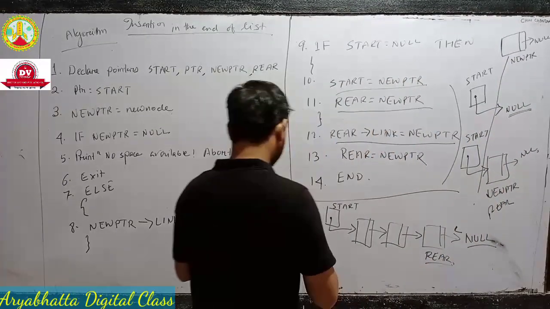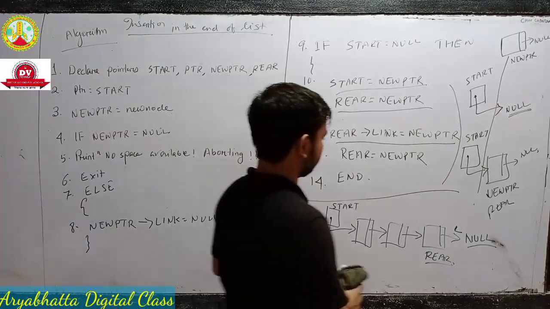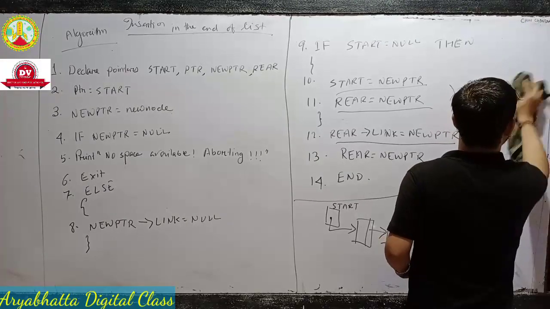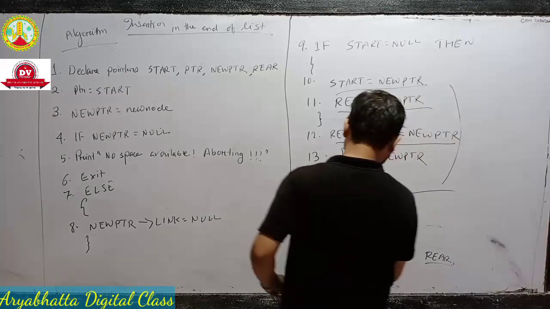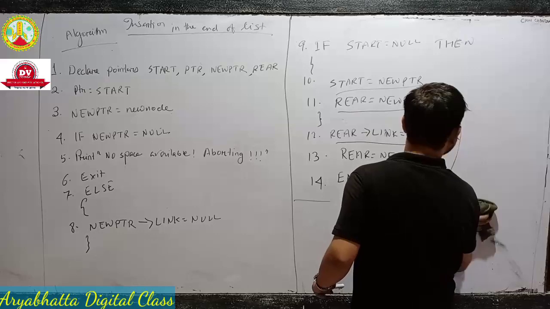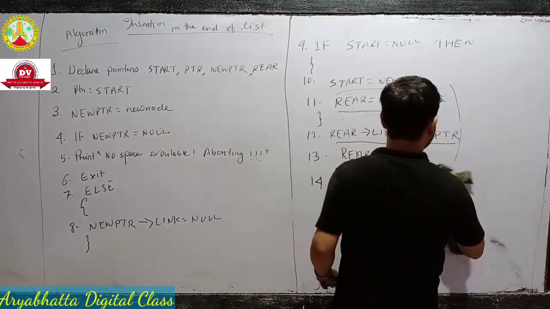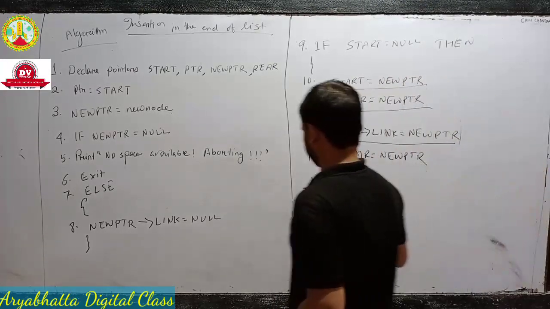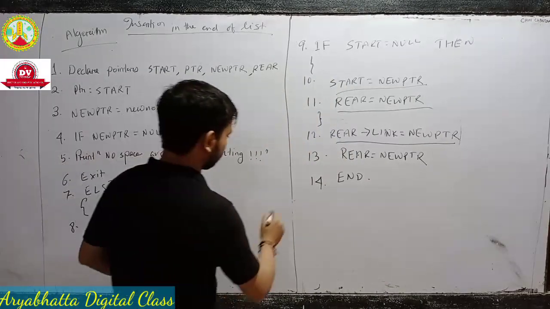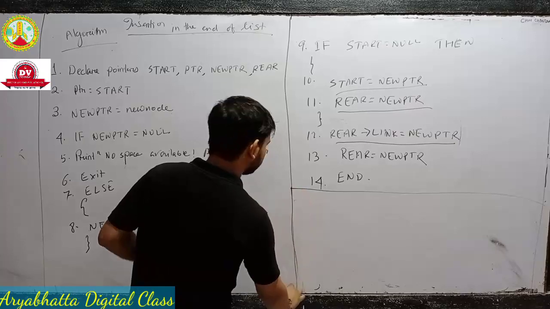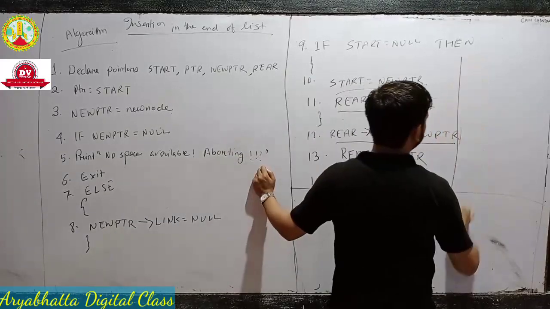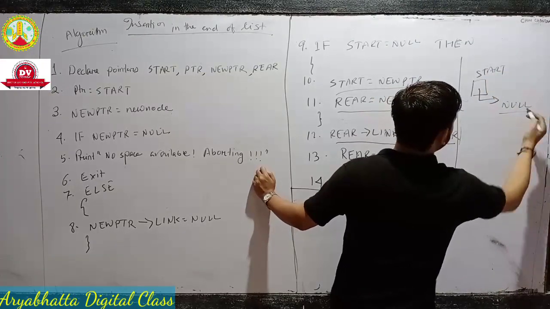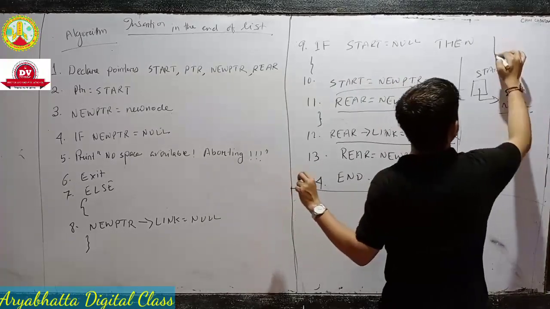I will write it down properly. Again I tell you, suppose the list is empty and this is a node.